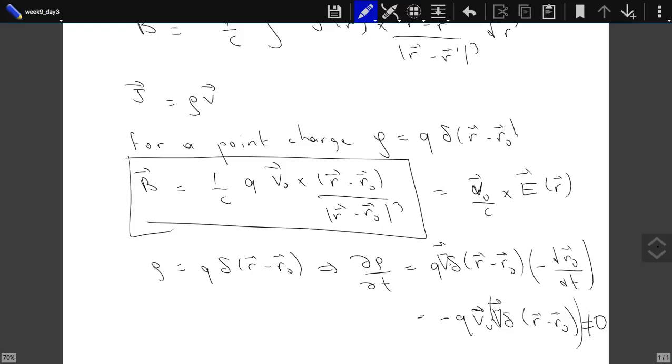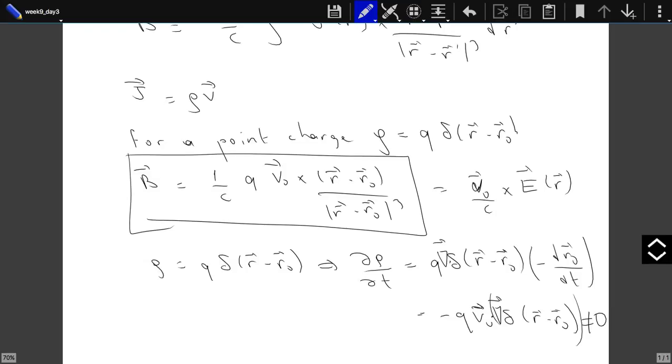Of course, when we are talking about something being slow, we have to compare it with something else. Well, we don't know, but that constant c seems to be a characteristic speed related with magnetic phenomena. So as long as V0, the speed, is much slower than c, then this would be a good enough approximation. Then we would see that we have corrections that would come from the dynamic properties of the system.